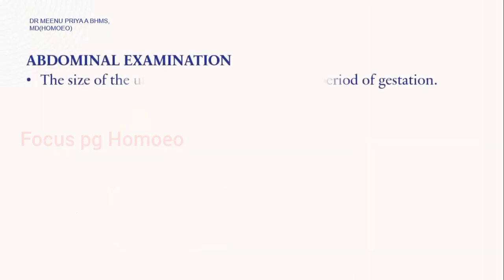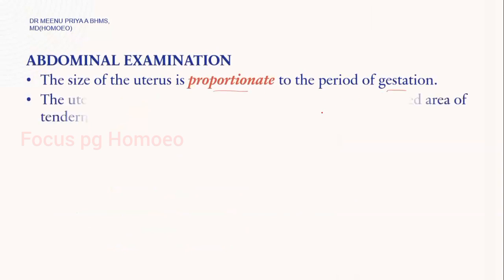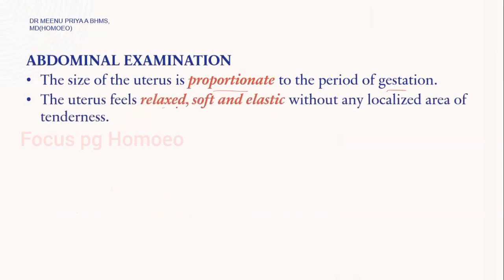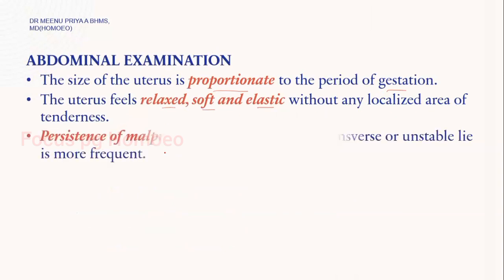Now, on abdominal examination, the size of the uterus is proportionate to the period of gestation, and the uterus feels relaxed, soft, and elastic without any localized area of tenderness. There is persistence of malpresentation. Usually, placenta previa is associated with malpresentation, especially breech presentation, transverse lie or unstable lie.